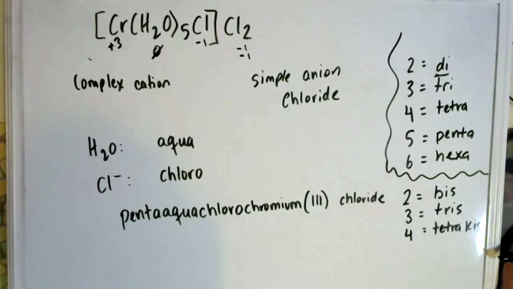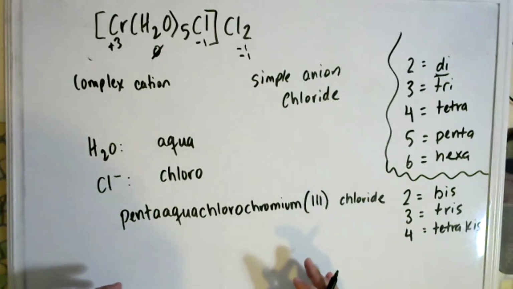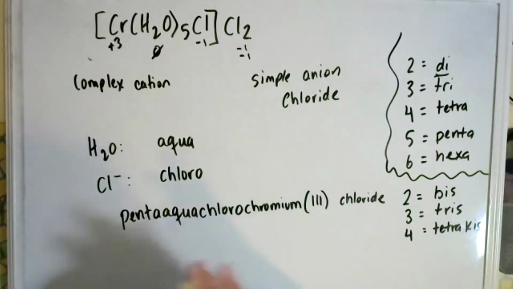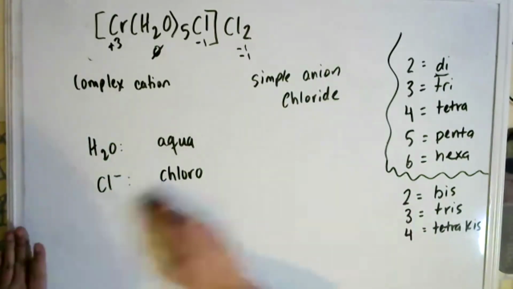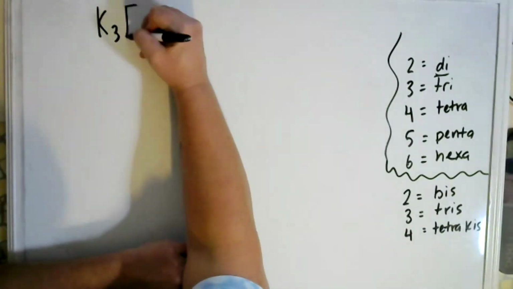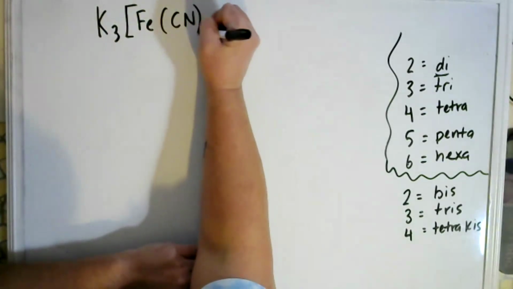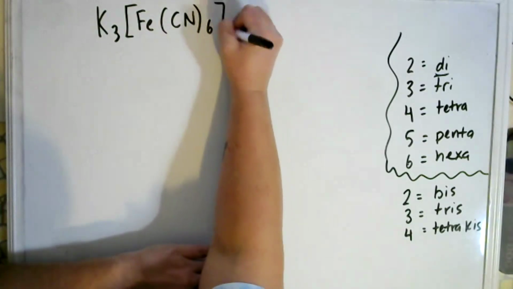Now let's look at an example where we have a complex anion, so we can talk about a slight difference that happens when we name our metal. So we're going to look at the example K3 FeCN6.